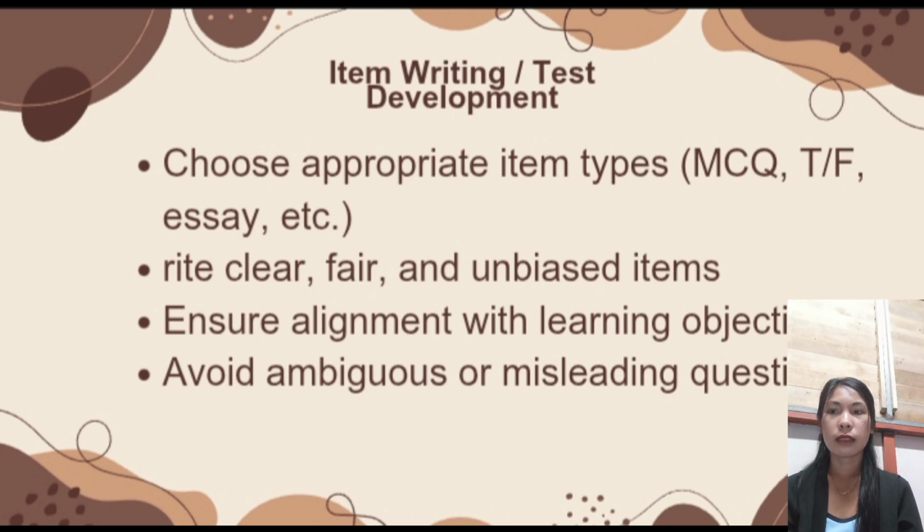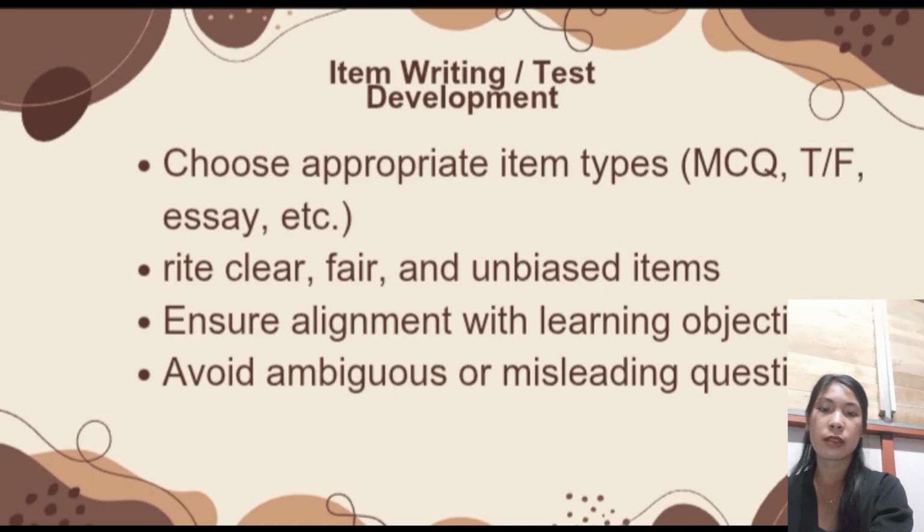So the second is item writing or test development. Choose appropriate item types like MCQ, TF, essay, etc. Write clear, fair, and unbiased items and ensure alignment with learning objectives and avoid ambiguous or misleading questions.